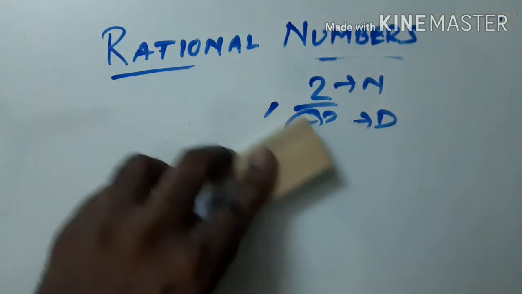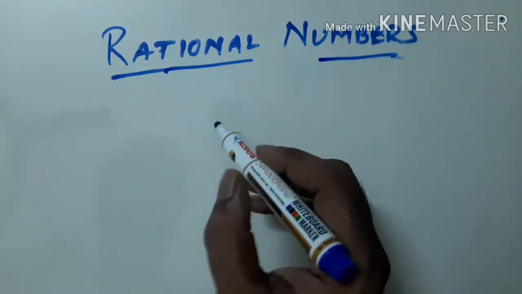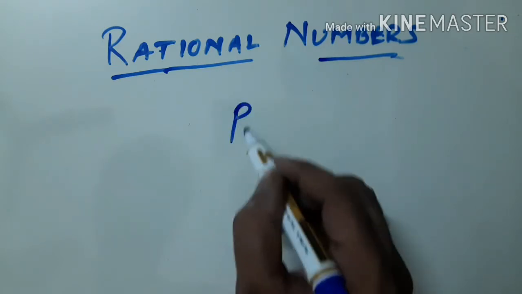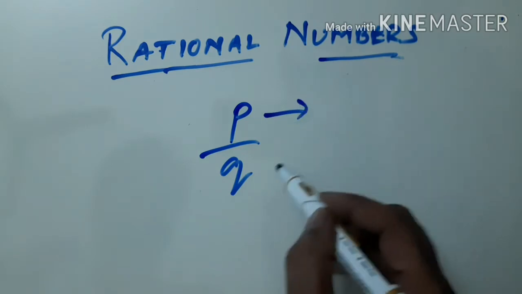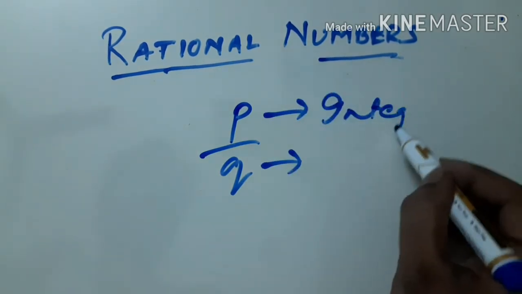So in short we can say rational numbers are the numbers which can be written in the form of P by Q, where P and Q are integers.